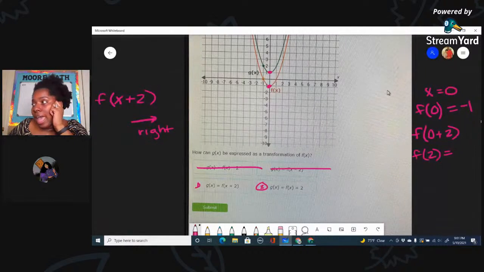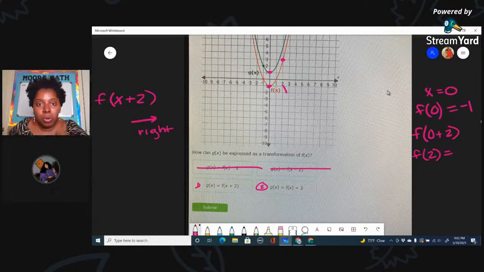So if I was looking at f of 2, okay, here we are. I go up here. So when x is 2, what's y? Wouldn't it be either 0 or 2? No. Whoa, hold on. Let me show you. So here's x.